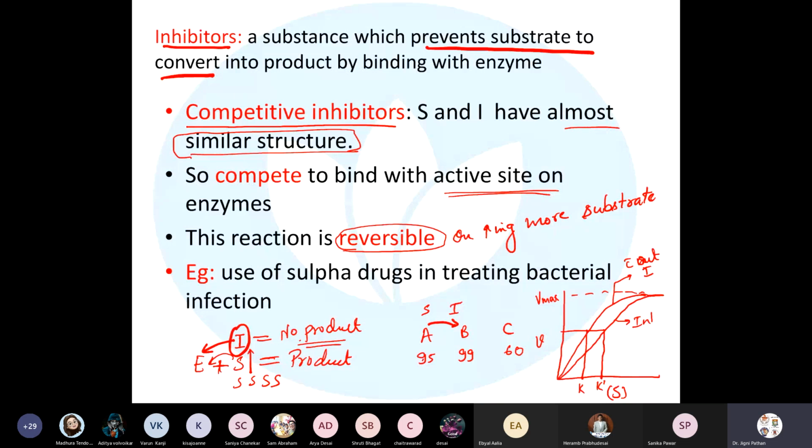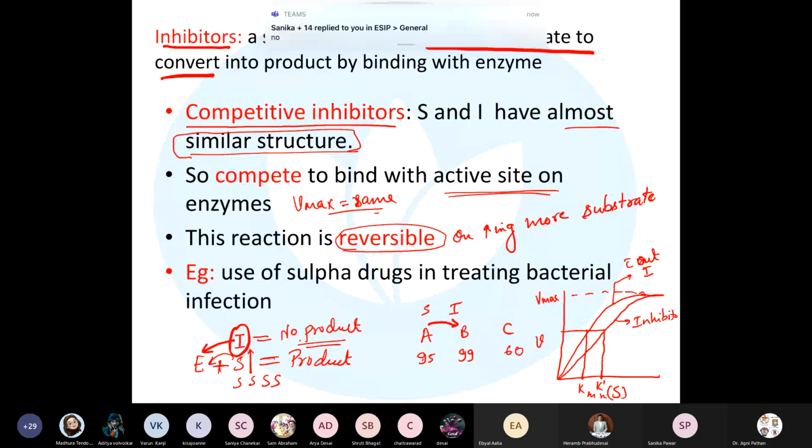In this reaction, does Vmax change in the presence or absence of inhibitor? Vmax remains the same. Does Km change?